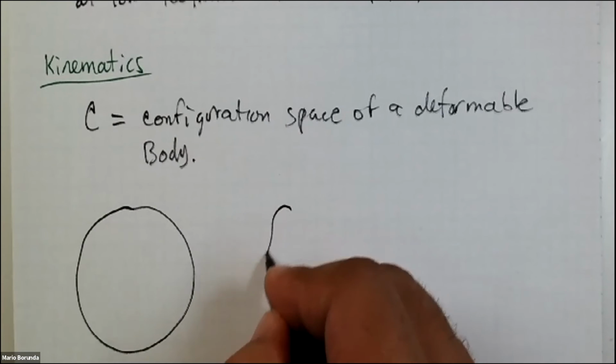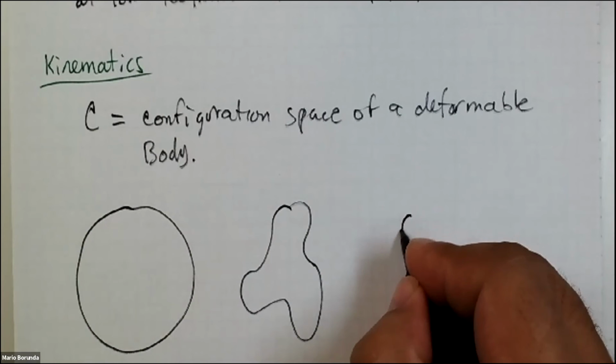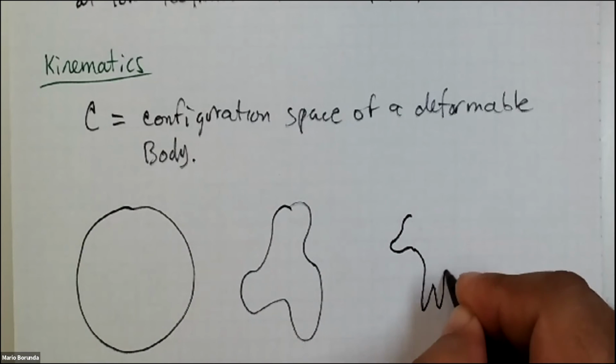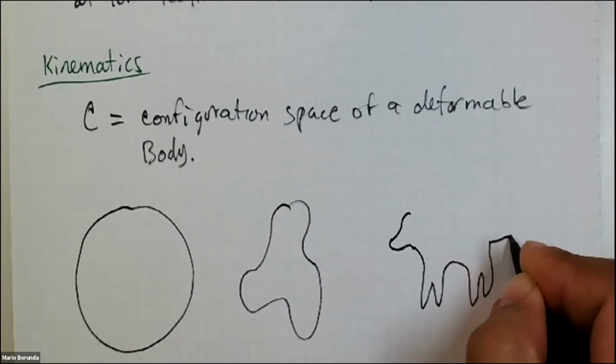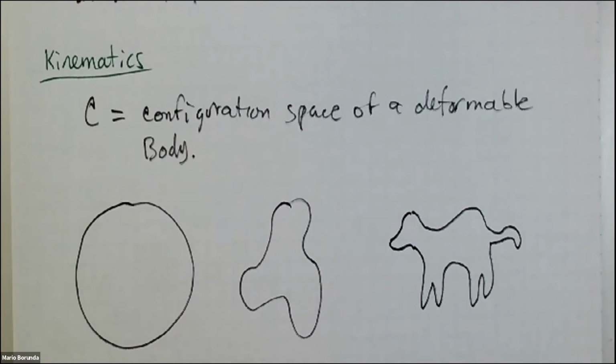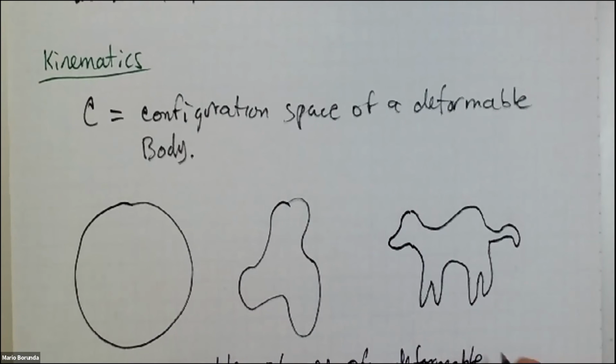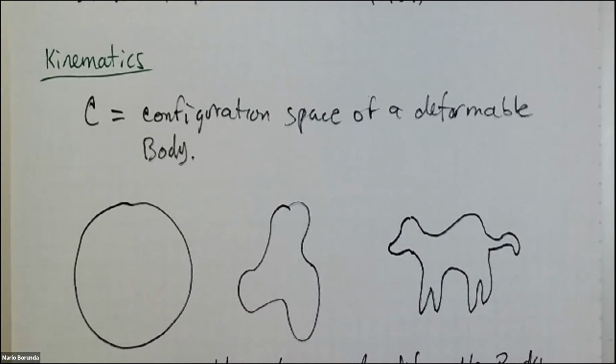This is one of the possible shapes. This is another possible shape. And this is another possible shape. So these are possible shapes for the deformable body.